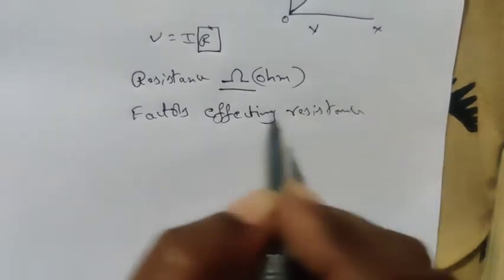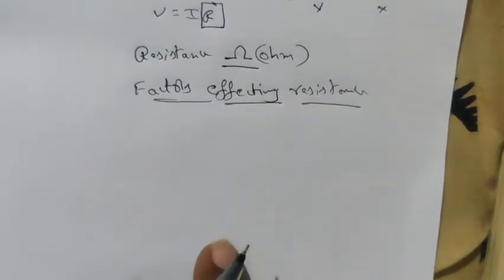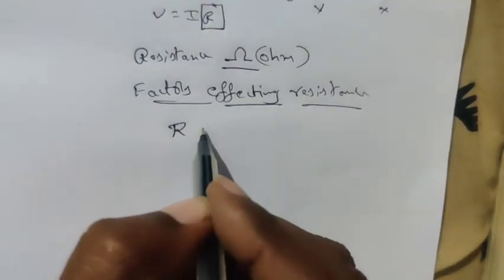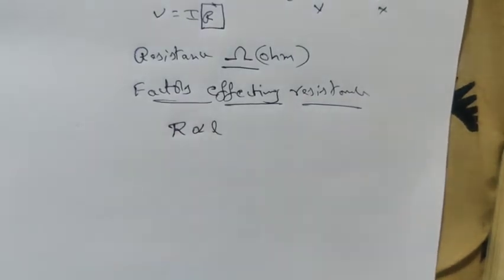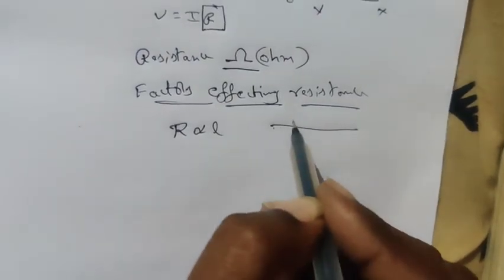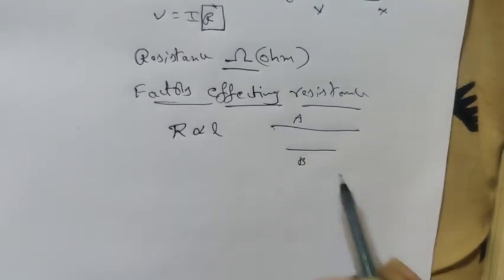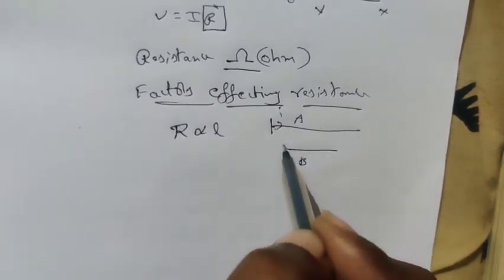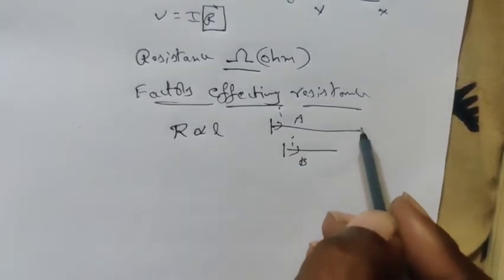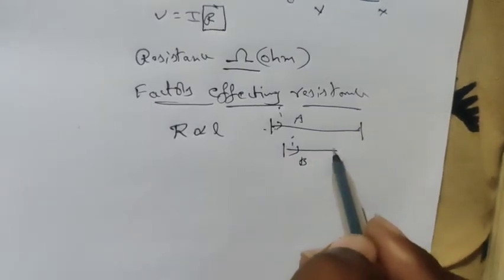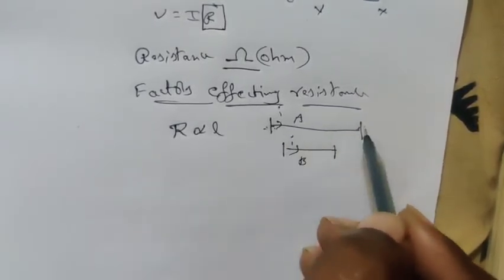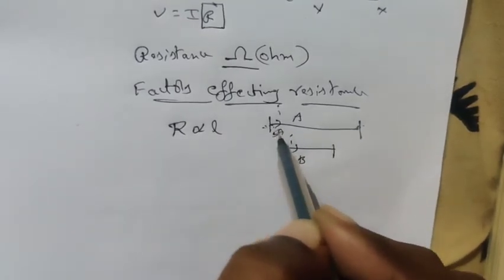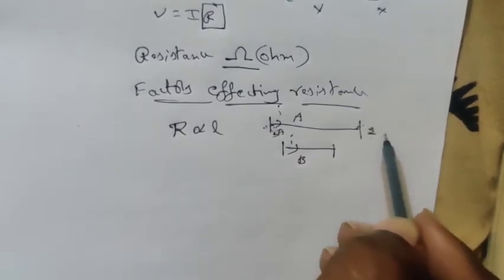According to the experiments we have done, R is directly proportional to L. If you take two conductors, A and B, and pass the same current I in both, the current which passes in this one may be 5 amperes and reaches the other end as only 2 amperes.